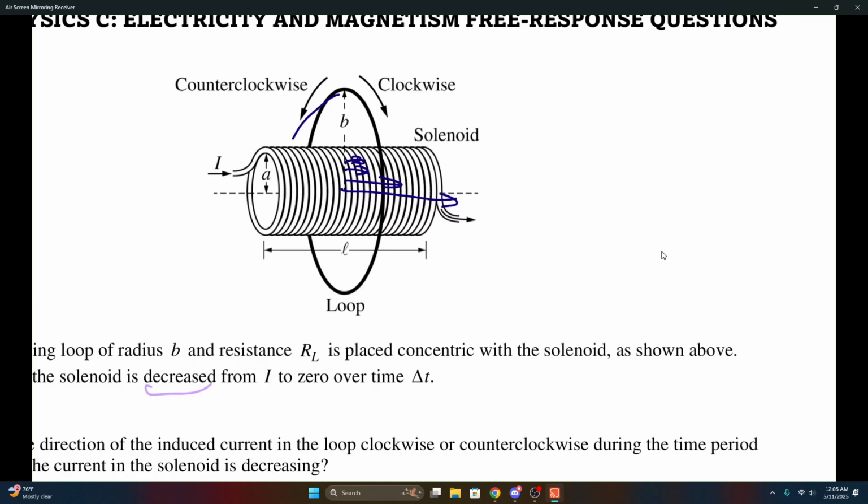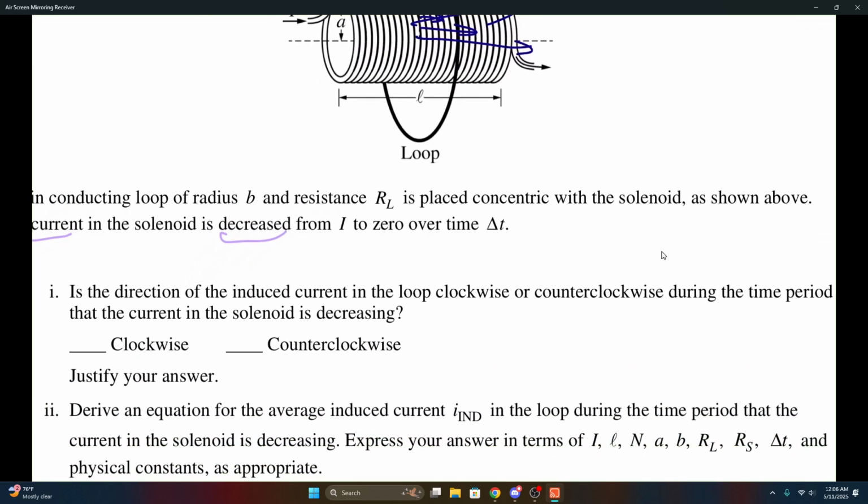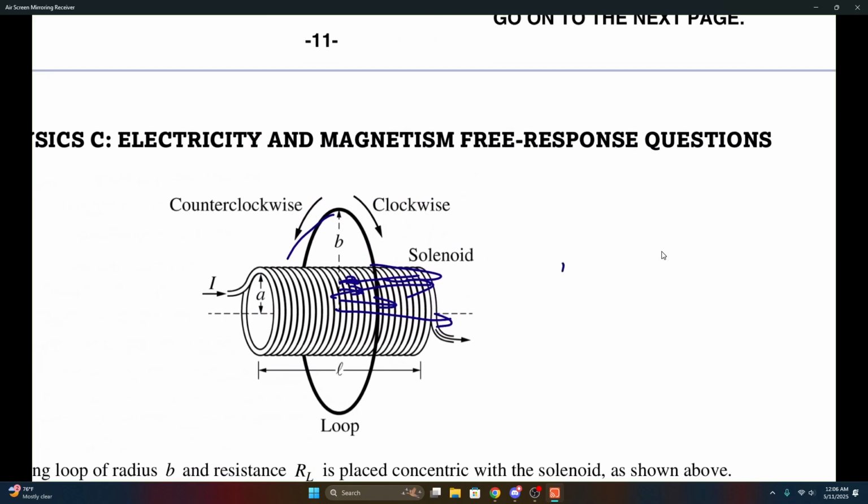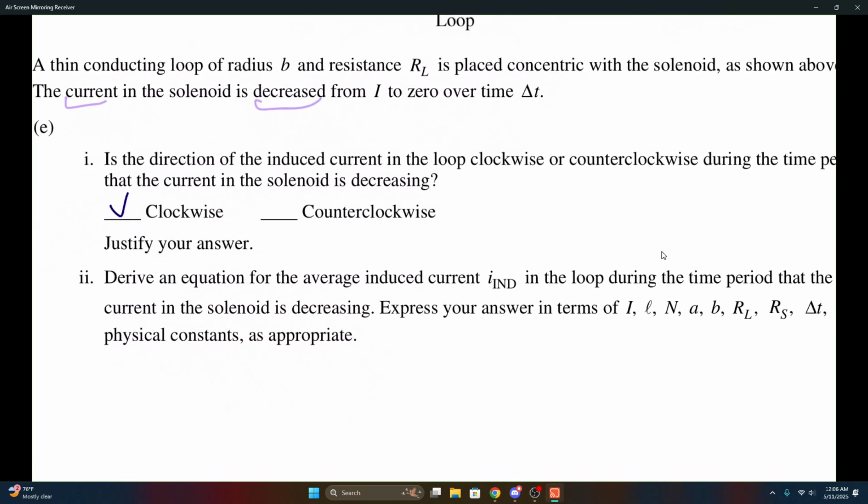So it wants to counter by making its own field this way. And by right hand rule, that should be clockwise. Right? That way. Nice drawing. Okay. That's Lenz's law.